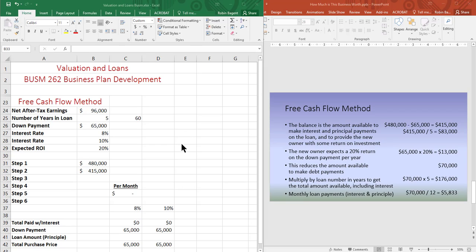Let's see what that translates to per year. So if we take $415,000 divided by the number of years that the loan is going to run, we know that we have $83,000 to work with.